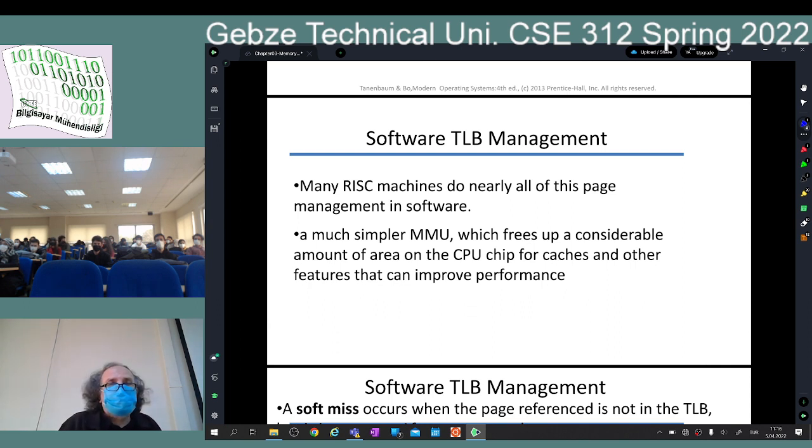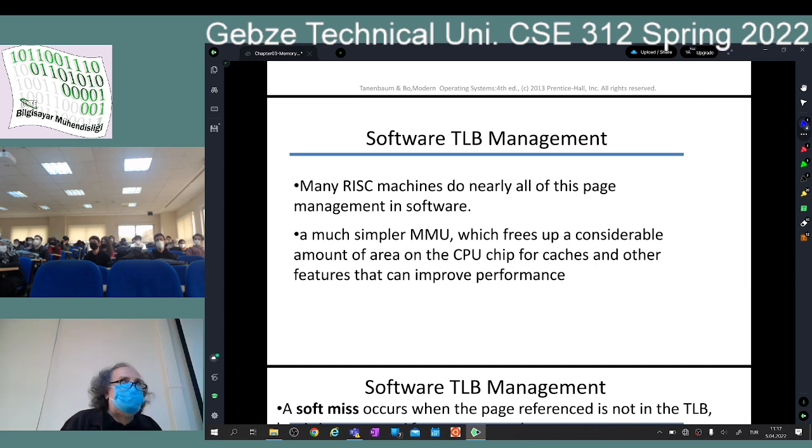So you don't complicate your RISC machine by handling this in hardware. That will free up the hardware, and you can use that part of the hardware for extra registers, extra cache, extra TLB area. And overall, it will be a more efficient system. That's the idea of RISC, right?